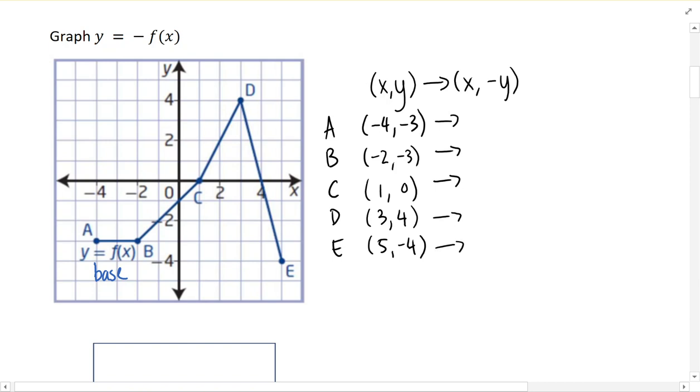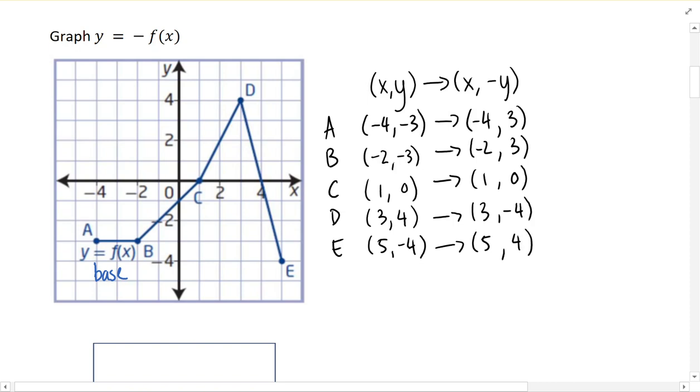Transforming that over, x values have remained the same, but our y values have been multiplied by negative 1, so you will need to change those up.